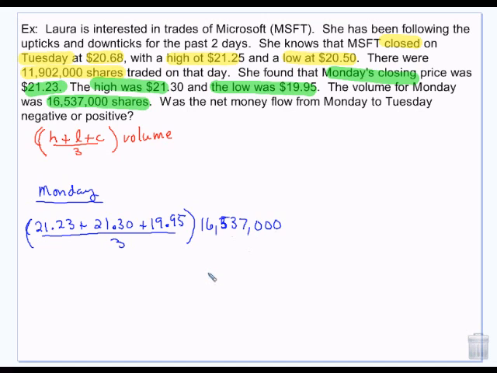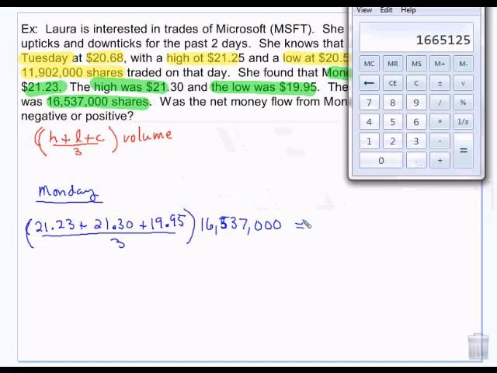So let's do that. 2123 plus 2130 plus 1995 divided by 3. Okay, so that's the average right there. Times 16,537,000.